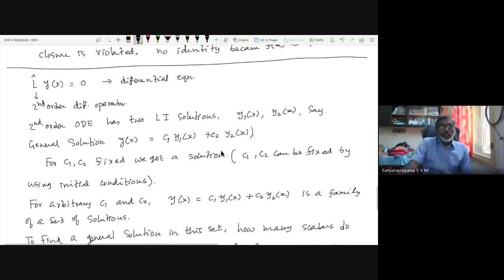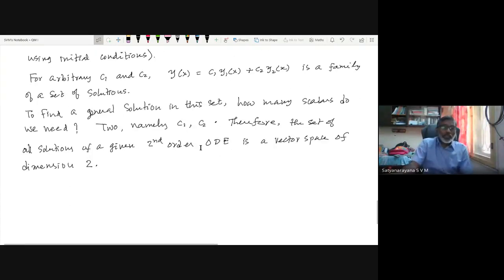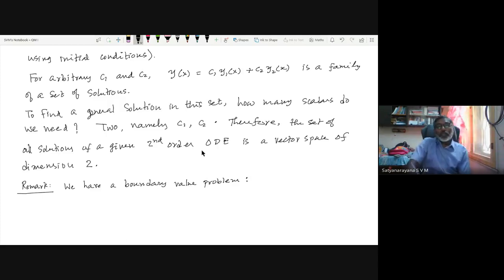Okay. Now, I also want to make a remark here. Suppose we have a partial differential equation, so let's say we have a boundary value problem. So what is a boundary value problem?